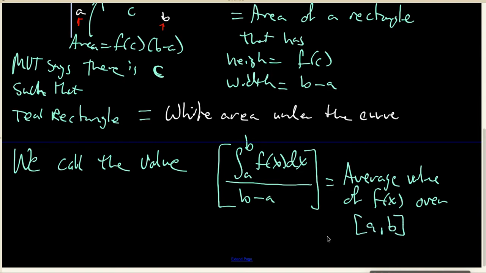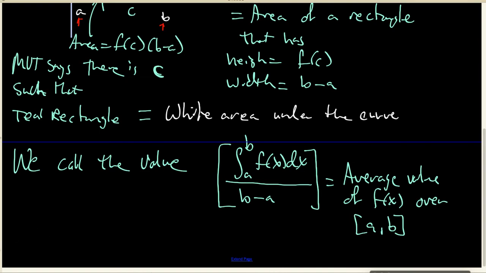And it's the average value of the function because if I make a rectangle that is that high, I get the same area as I get underneath the curve. And the reason the mean value theorem is called the mean value theorem is that it says there is an x where the height is the average value of the function.